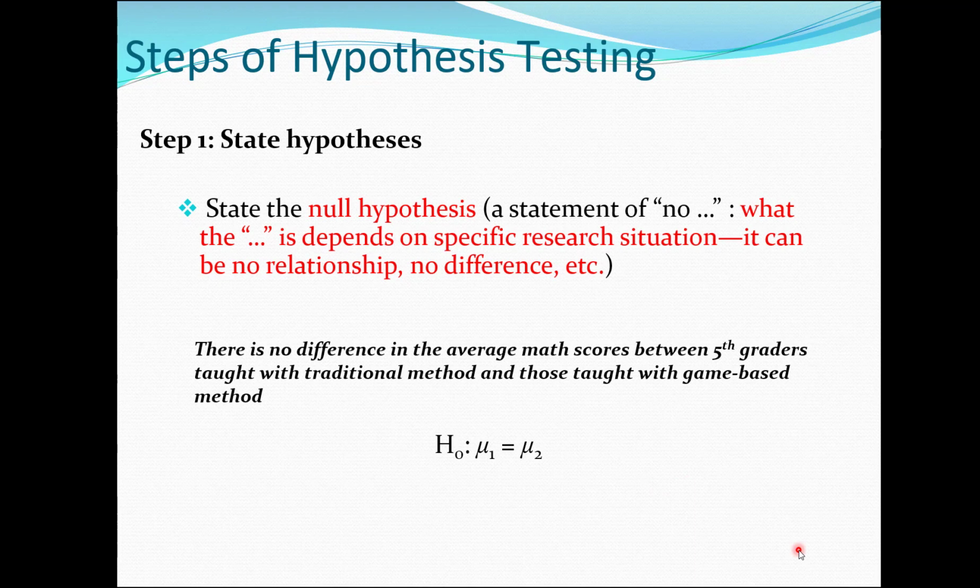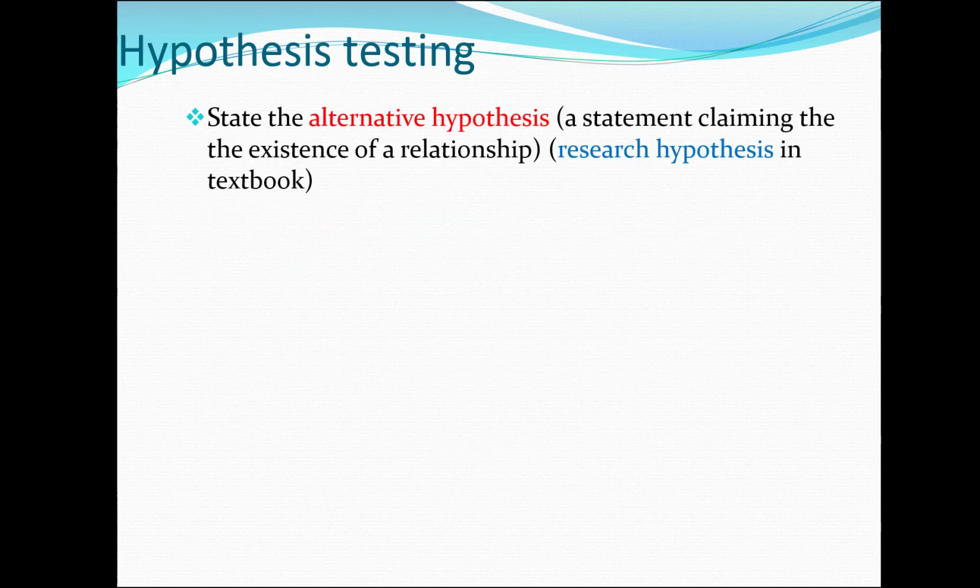Now you have your null hypothesis of there is no difference. Let's take a look at your alternative hypothesis. So if you understand what is a null hypothesis, it will be easy for you to understand what is your alternative hypothesis. If a null hypothesis is there is no something, your alternative hypothesis will be there is something.